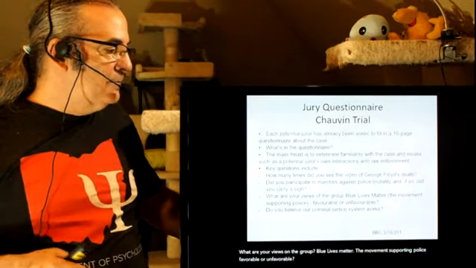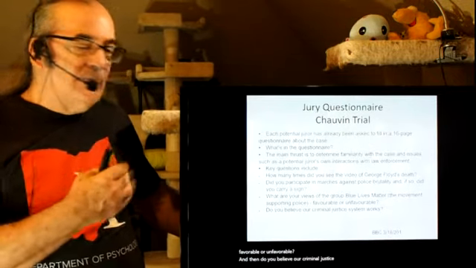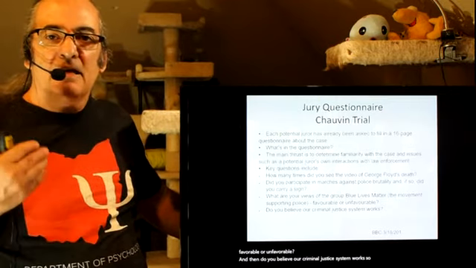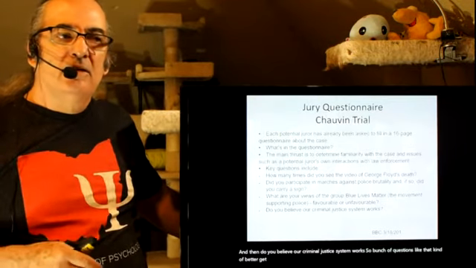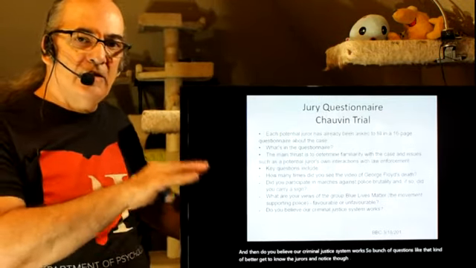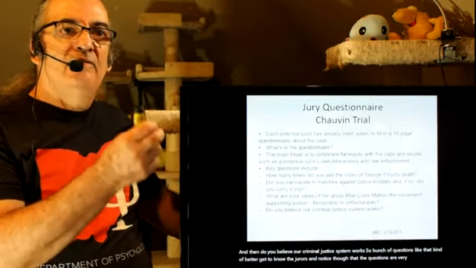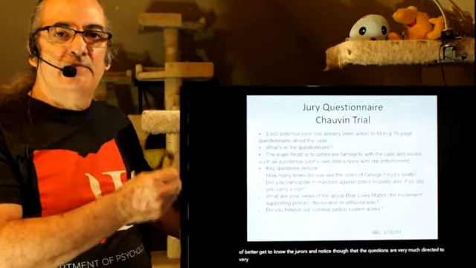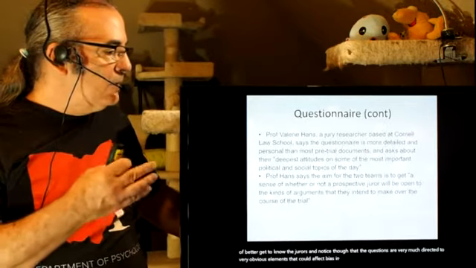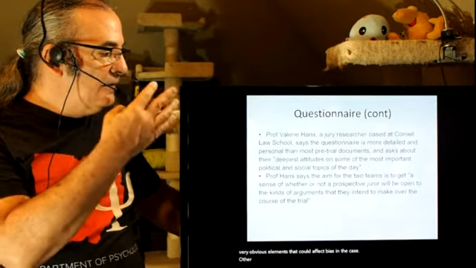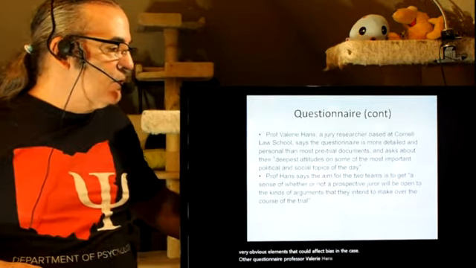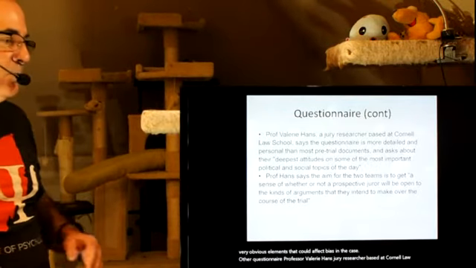And then, do you believe our criminal justice system works? So, a bunch of questions like that to kind of better get to know the jurors. And notice, though, that the questions are very much directed to very obvious elements that could affect bias in the case.